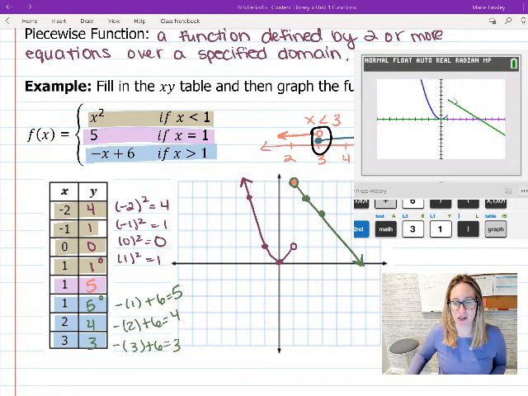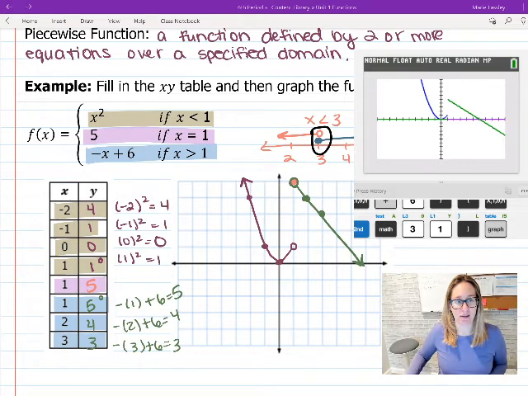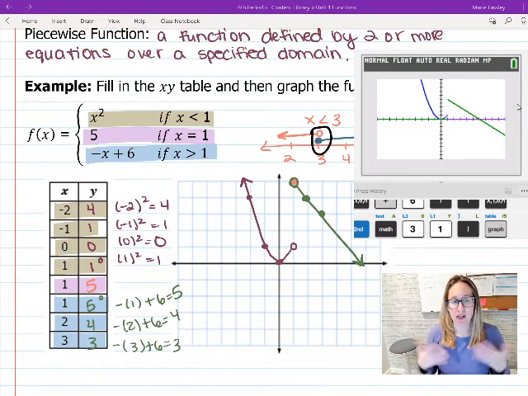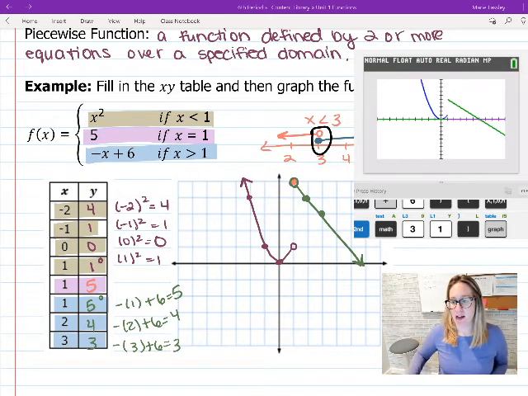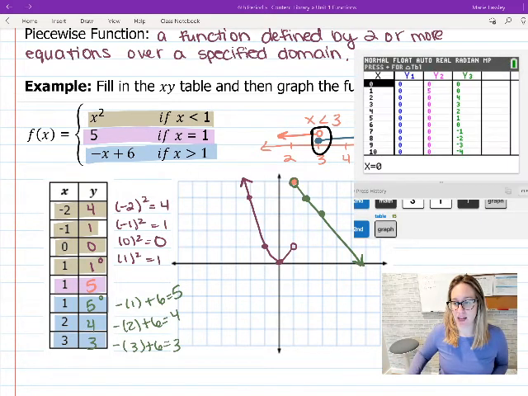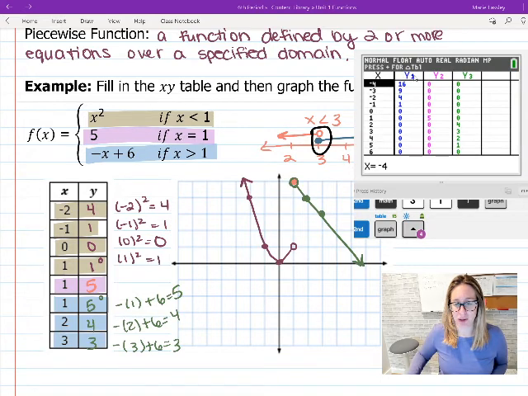Now it's going to give us that extra piece. And again, it doesn't do the open or close circles. It just does the line. So the only thing we can't really see is that when x is 5, that little point, but it still gives you a pretty good idea of what your graph should look like. Now, if you go to your table, so second table, it's going to have the right values in here. For the negative values, we're using that first equation.